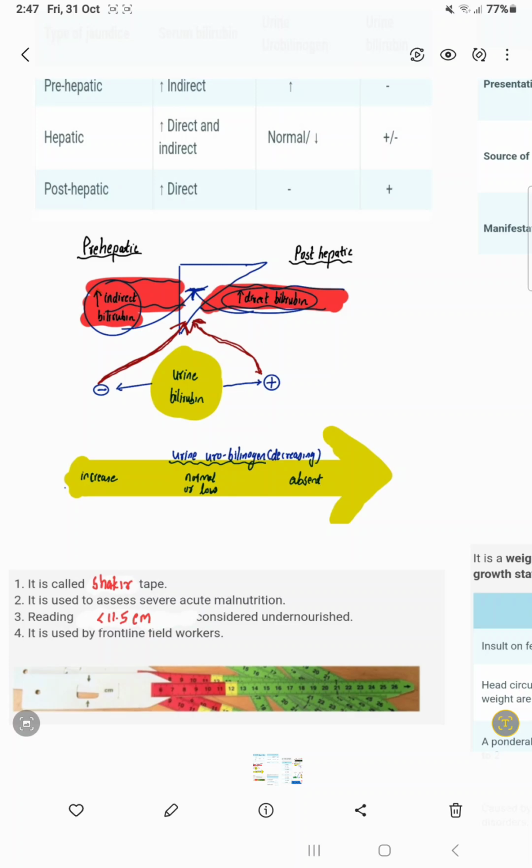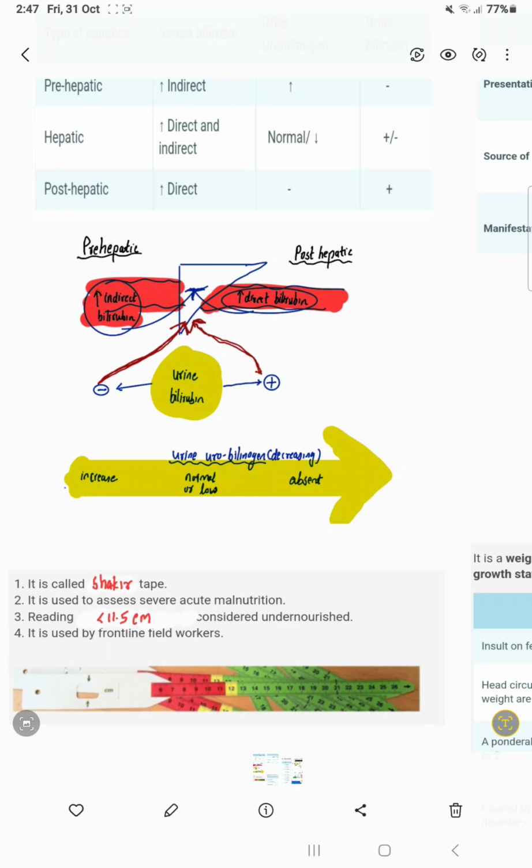Now let's talk about urine bilirubin. Urine bilirubin is seen in hepatic jaundice, and it is absent in pre-hepatic but seen in post-hepatic. That means urine bilirubin is seen in both hepatic and post-hepatic.